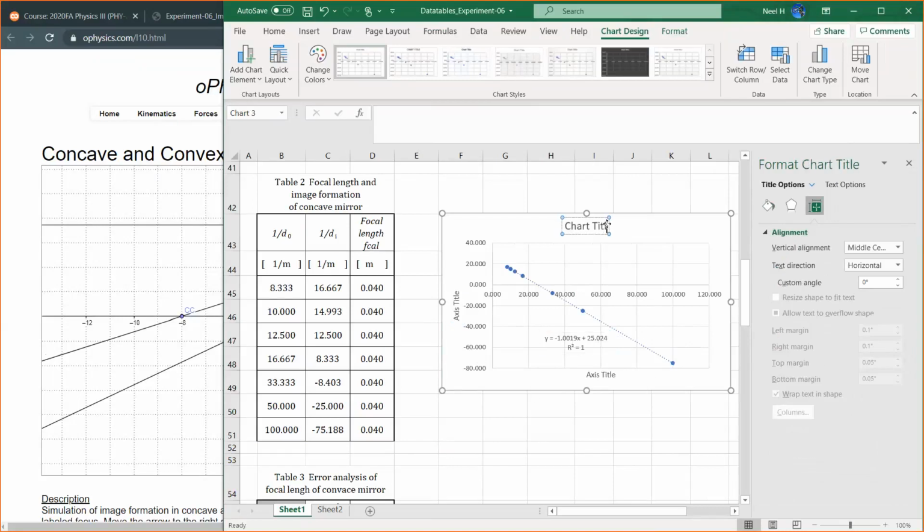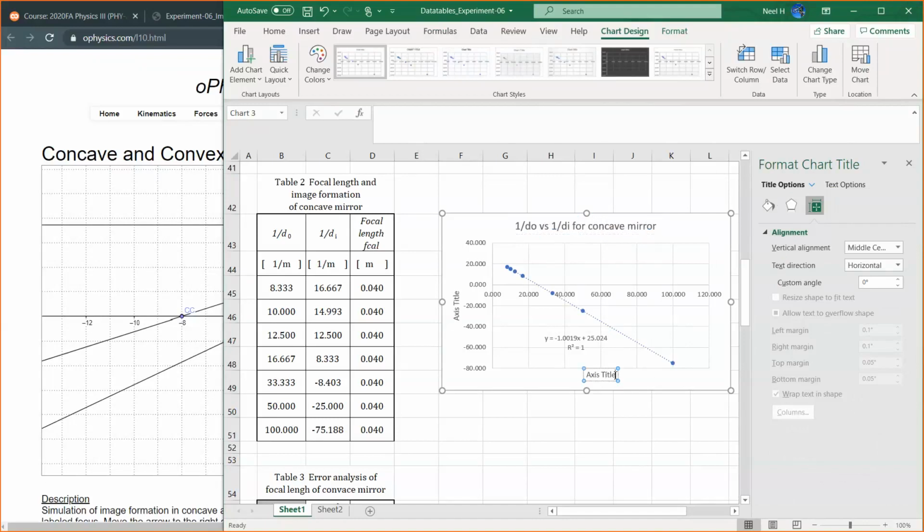Let's give a title here. This is going to be 1 over object length, so 1 over d0 versus 1 over di for concave mirror.